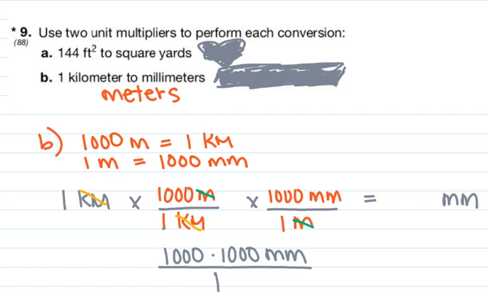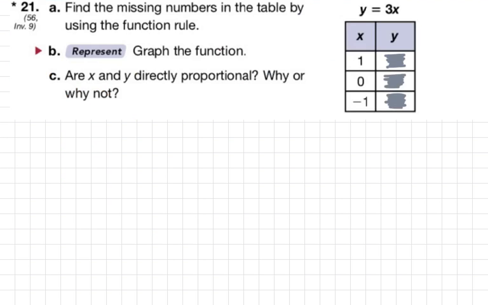So 1. So that's nothing. So I have 1,000 times 1,000 gives me 1 million millimeters. Okay, 21. This is the last one I'm going to do.